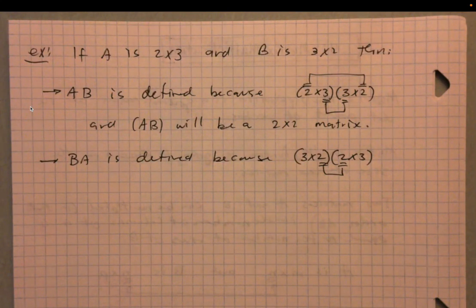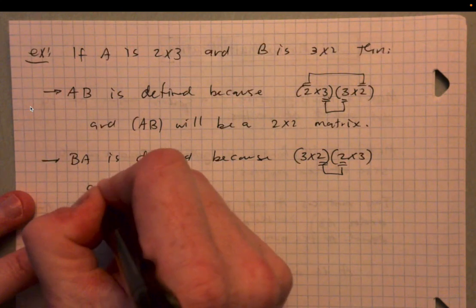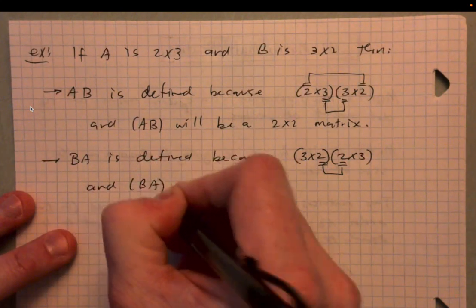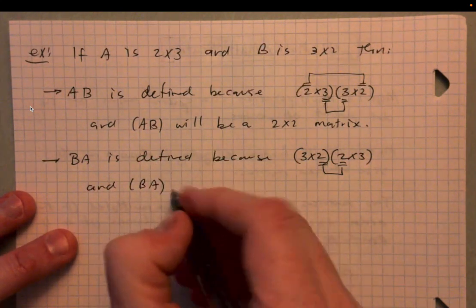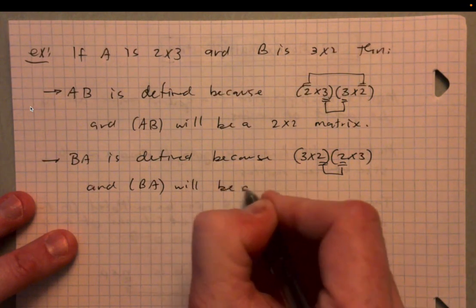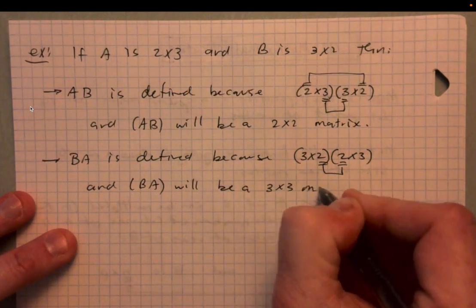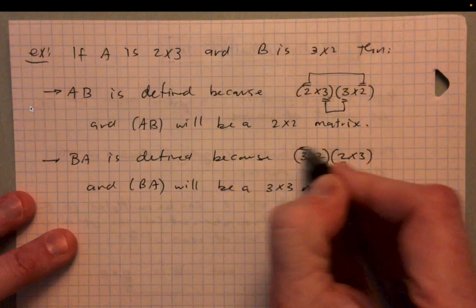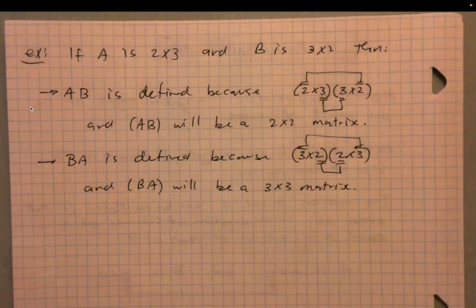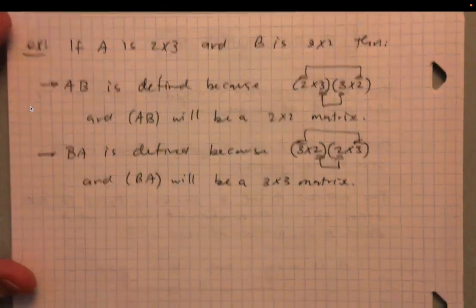We can do the multiplication, and BA will be a 3 by 3 matrix, based on the outside numbers. We'll see why all of this is true in a second, but we're just creating some groundwork here.